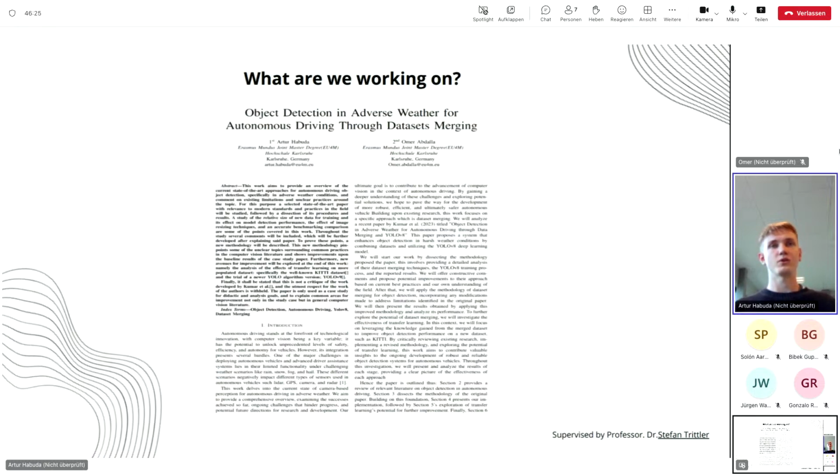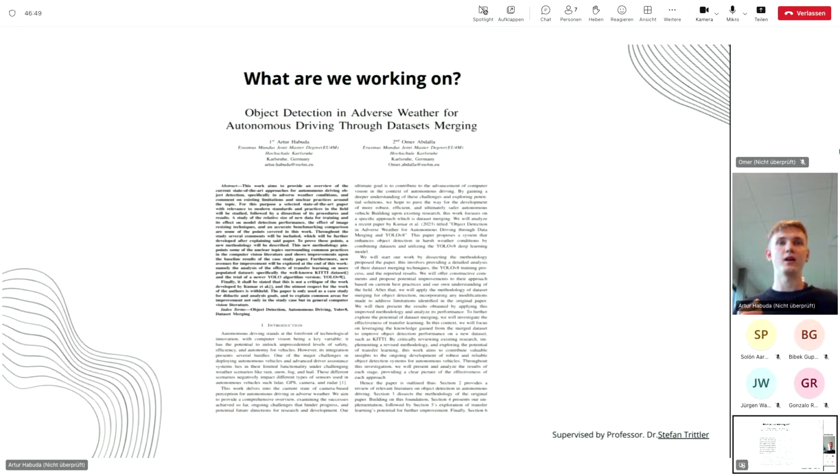Therefore we chose an application that was not so much explored, which is autonomous driving in adverse weather conditions. And through our limited resources, we could make some quite nice findings.